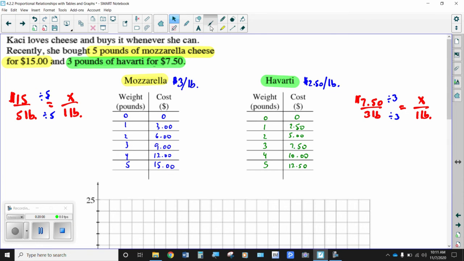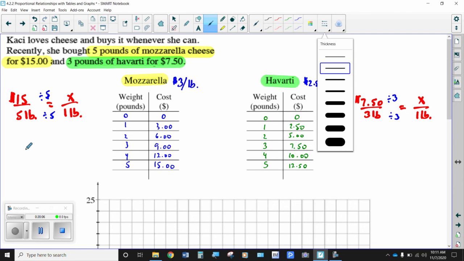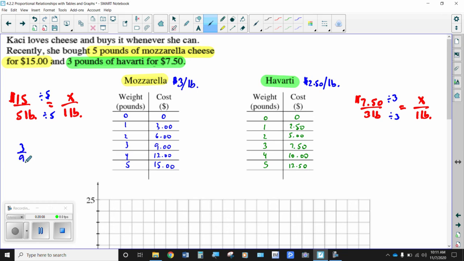That's your first indication. The second is if you were to take any two of these ordered pairs, say the 3 over the 9, and compare it to the 5 over the 15. Are those two equivalent to each other? And the answer is yes, because when you simplify both fractions, they both simplify down to 1/3.